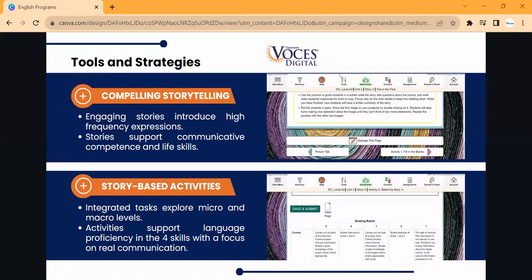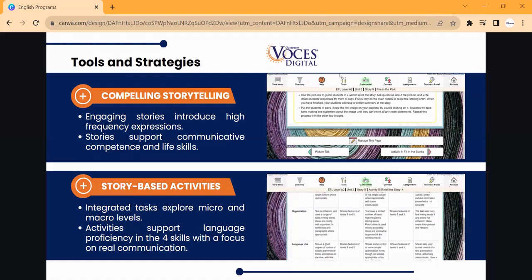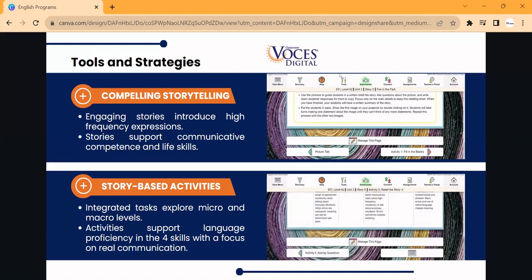Our story-based activities explore micro and macro levels. So we focus on the vocabulary, but we also focus on the sequential organization of the events in the stories. We also cover the 4 skills because we also integrate them.